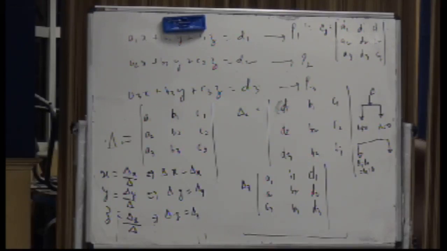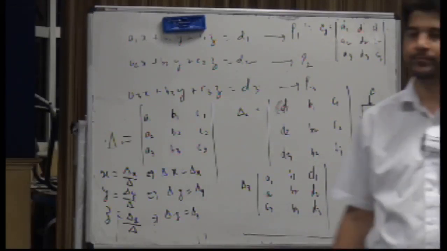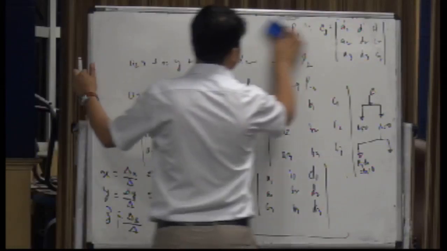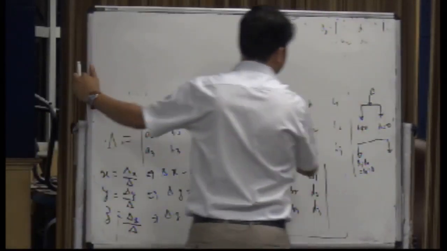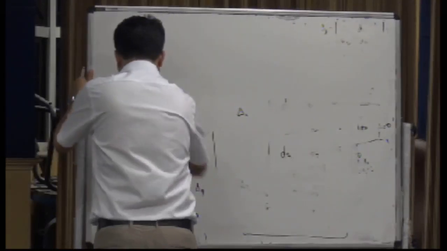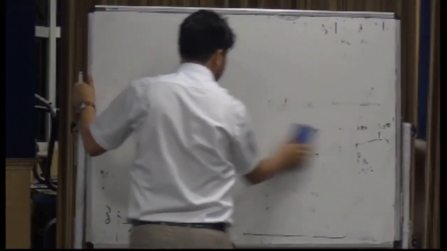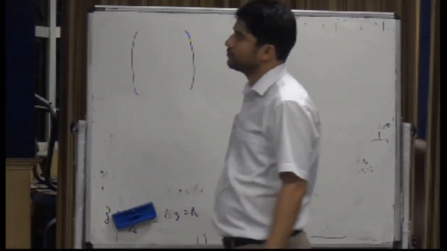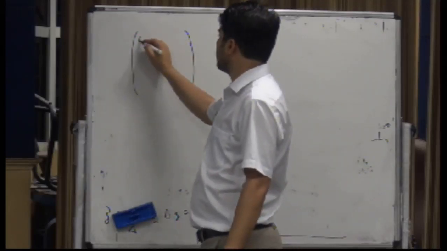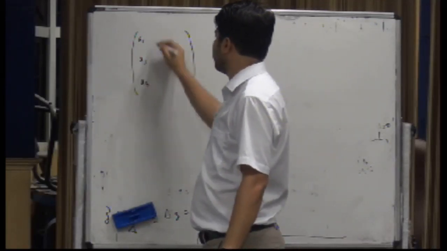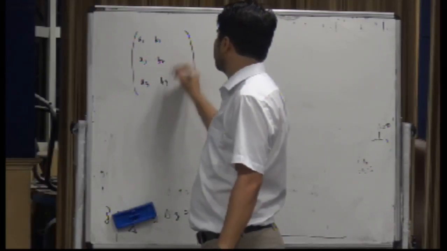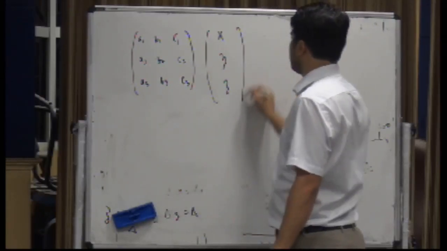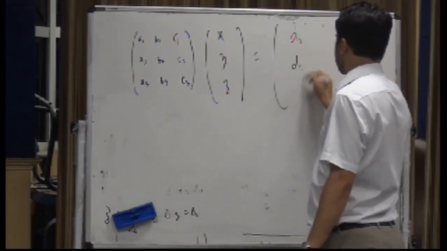Now coming to the second method, called the matrix inversion method. So you have something like the matrix A1, A2, A3, B1, B2, B3, C1, C2, C3, times X, Y, Z, is equal to D1, D2, D3.